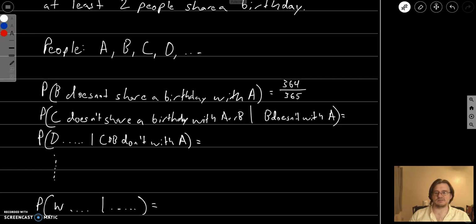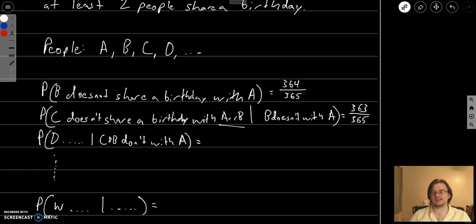So given that B doesn't share a birthday with A, what's the probability that C doesn't share a birthday with either A or B? Well, again, there's still 365 days a year, but now C can't share a birthday with A or B, so there are 2 days gone, but there's still 363 days left that C could be born on.